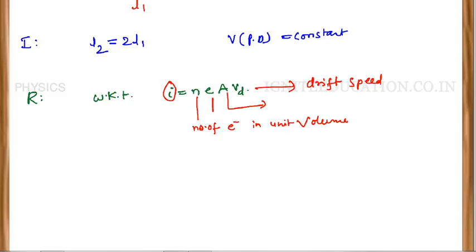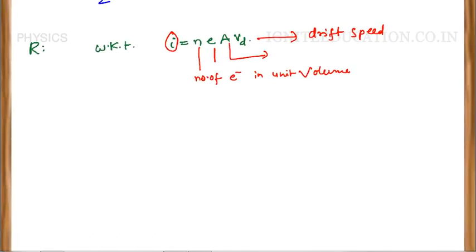So these are the quantities having relation with the current. And now I am taking another formula, that is resistance. R is equal to rho into L by A. L is the length of the conductor and A is the area of cross section.